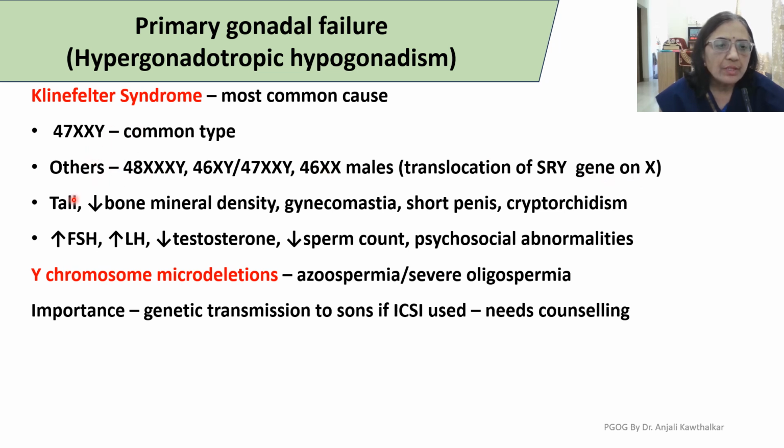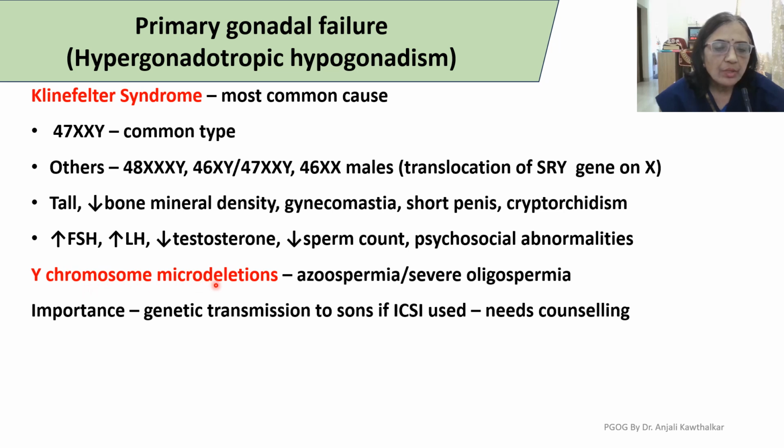Usually, with Klinefelter syndrome, the person is tall. There is a reduction in bone mineral density. There is associated gynecomastia, short penis, and cryptorchidism is also common. There is increased FSH and LH level, fall in testosterone, reduction in sperm count, oligozoospermia is severe, and associated psychosocial abnormalities are also found.